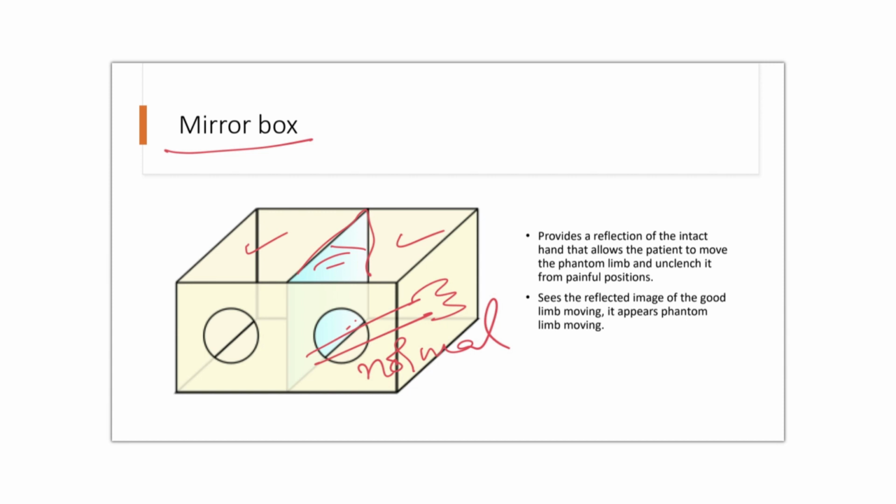And there is a mirror. The patient sits in a position so that the normal hand is moved, but he sees in the mirror image one more hand moving. So he thinks it is his hand. So that is to say, normal hand on one side and phantom hand on another side.